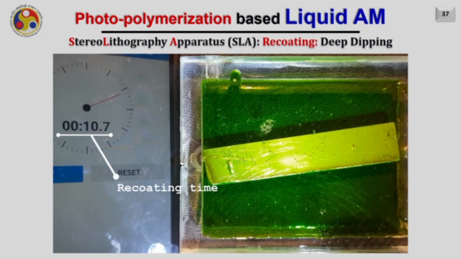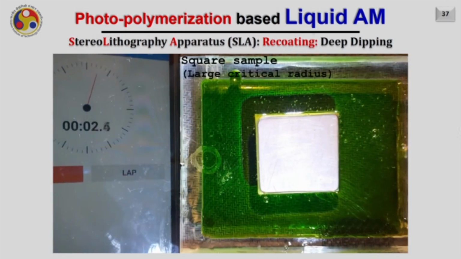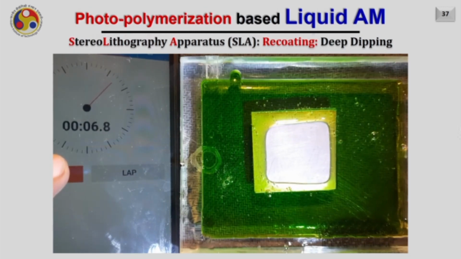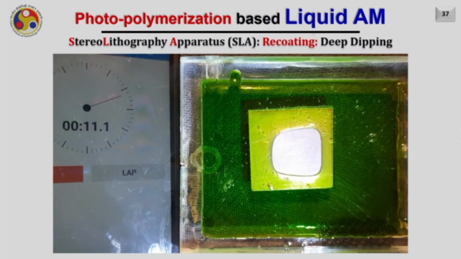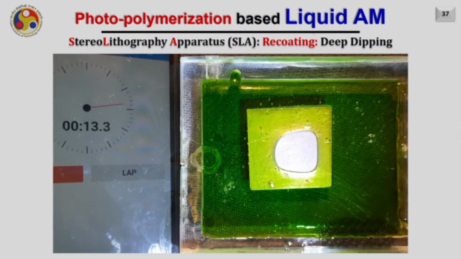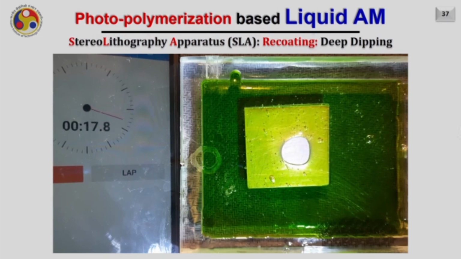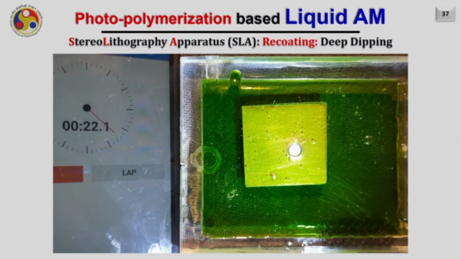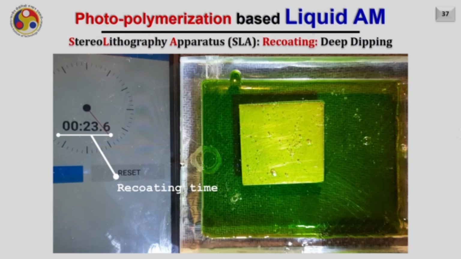The other object, which has a larger critical radius but the same surface area, as we see in the last object, is taking a lot of time. The approximate time to sink this object into the wet photopolymer is about 23 seconds.